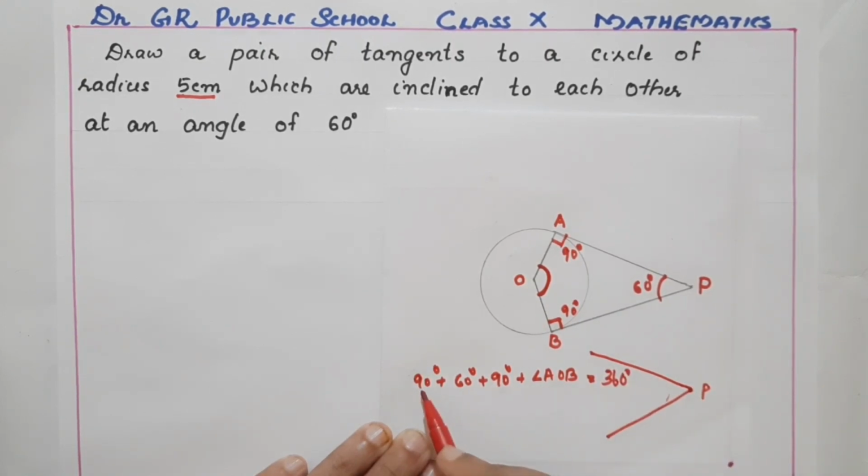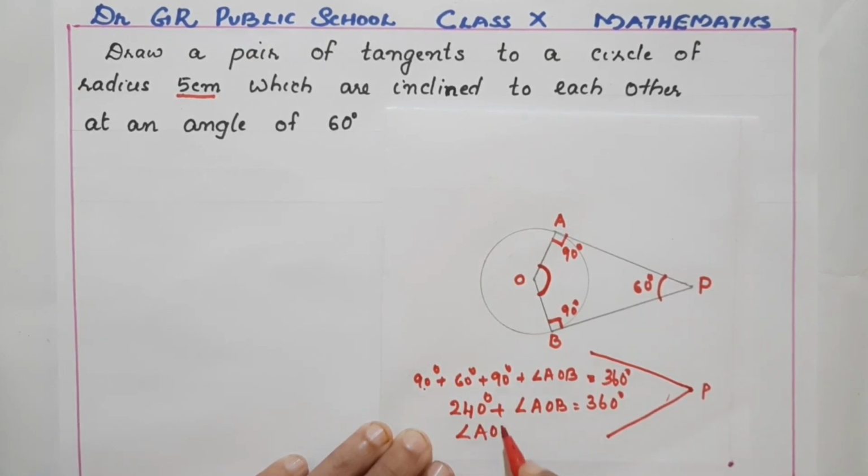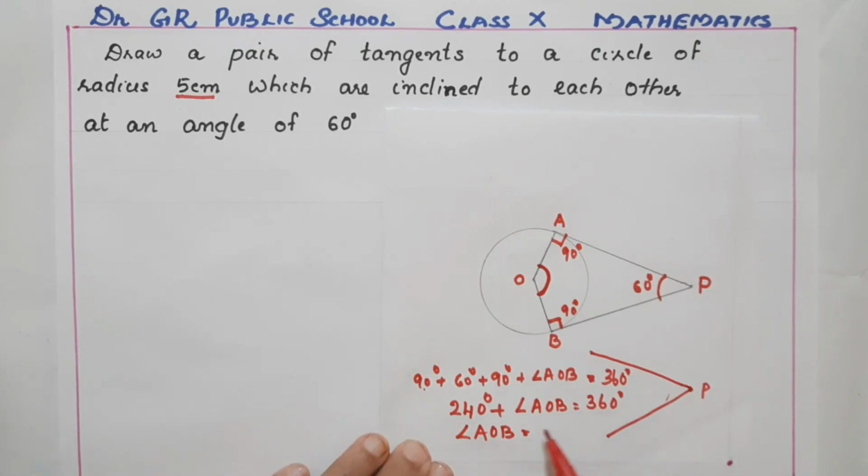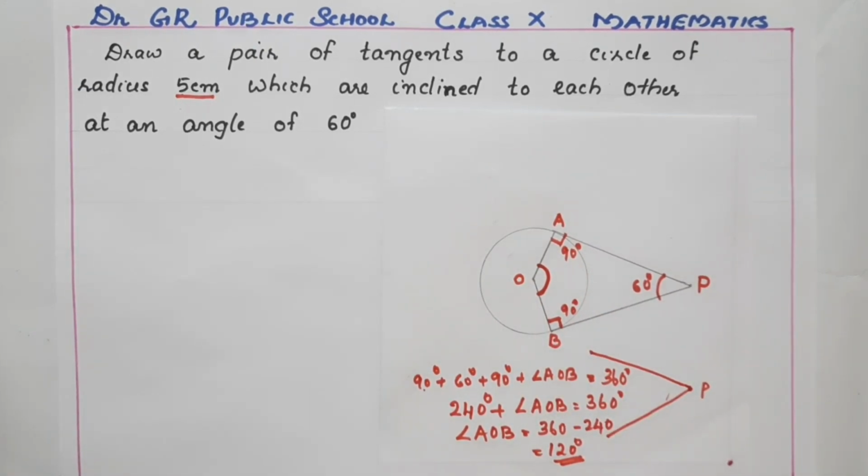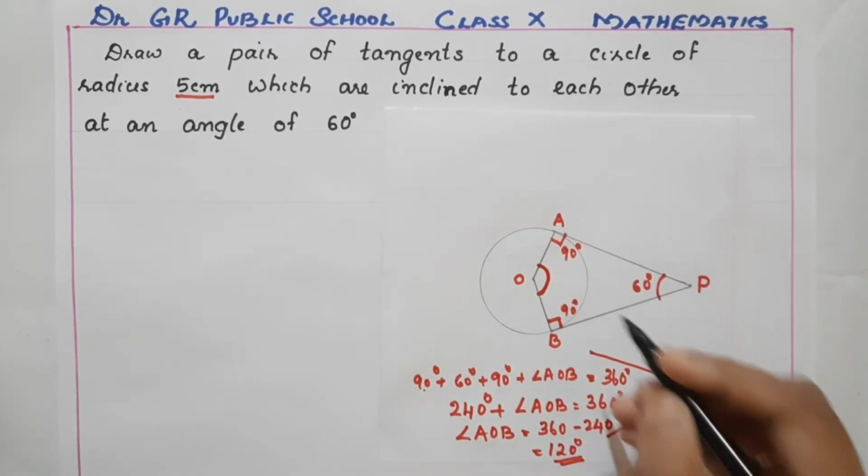So 90 plus 60 plus 90, what is it? 240 degree plus angle AOB equal to 360 degree. So what is angle AOB? AOB equal to 360 minus 240, it is 120 degree. So what is AOB? It is 120 degree.